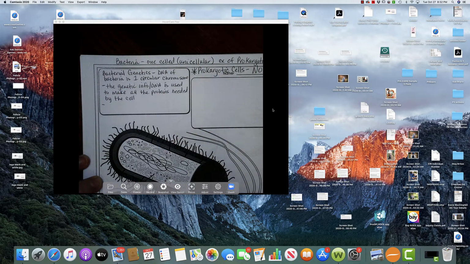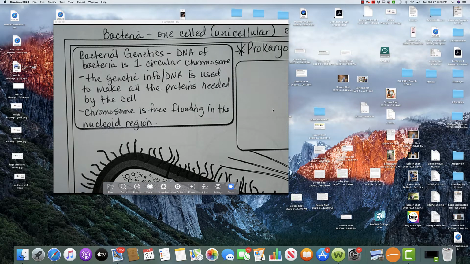Okay, this chromosome, as we've already said several times, is not inside of a nucleus. It is considered free-floating, and the area in which it floats is called the nucleoid region. What's interesting about bacterial DNA is that it also has these little accessory pieces called plasmids.